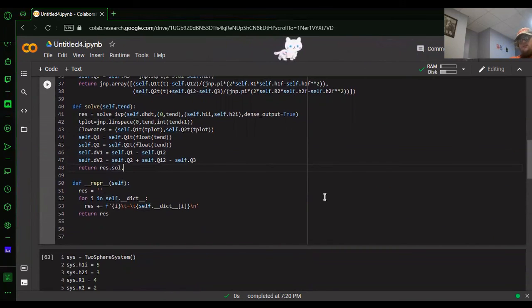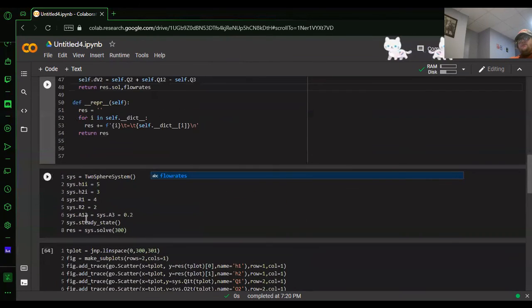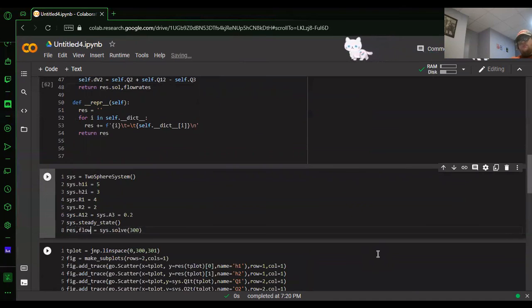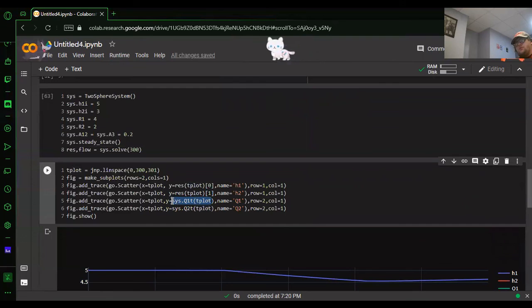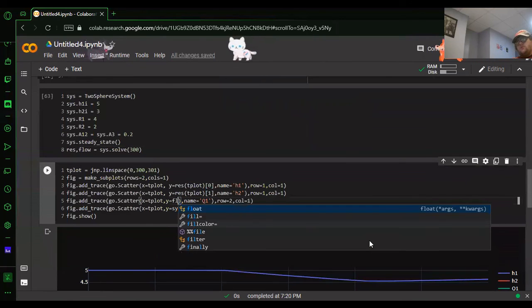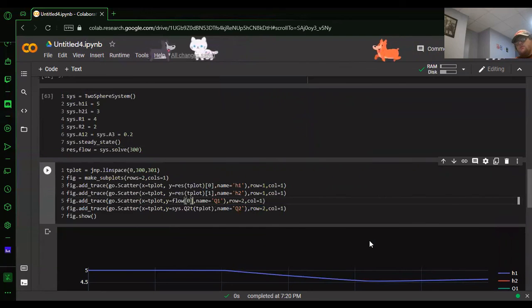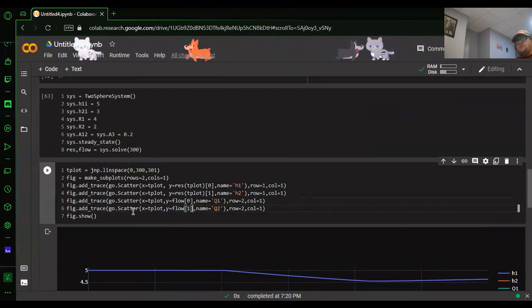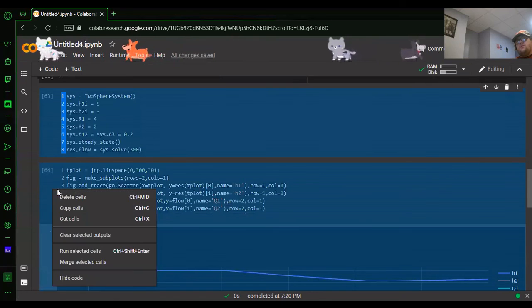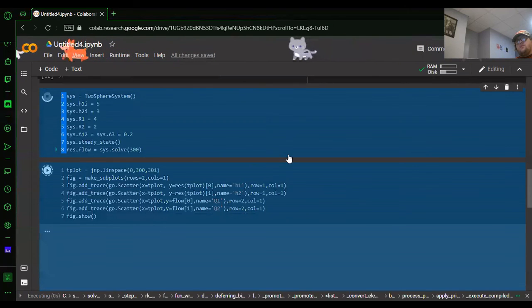So if I return this along with the sol generator, flow 0, flow 1, run selected cells.